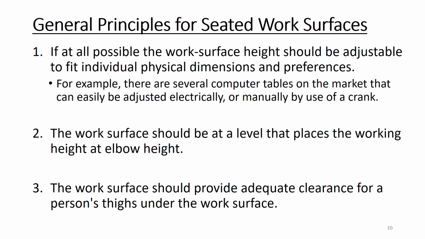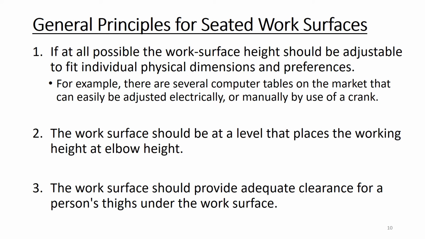Now there are certain general principles to be followed for a seated work surface. So if possible, the work surface height should be adjustable to fit individual physical dimensions and preferences. A work surface may be used by persons with different body dimensions.